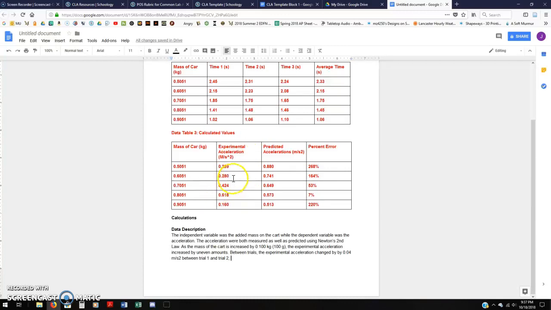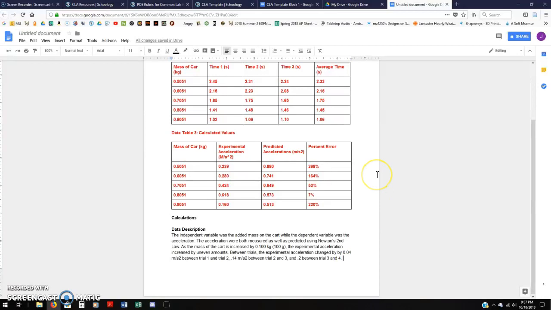And then between trials 2 and 3, we increase by about 0.14 meters per second squared. And between trial 3 and 4, we went up by roughly 0.2. So this gives a pretty accurate description that we are actually increasing by more and more as we put more mass on it.